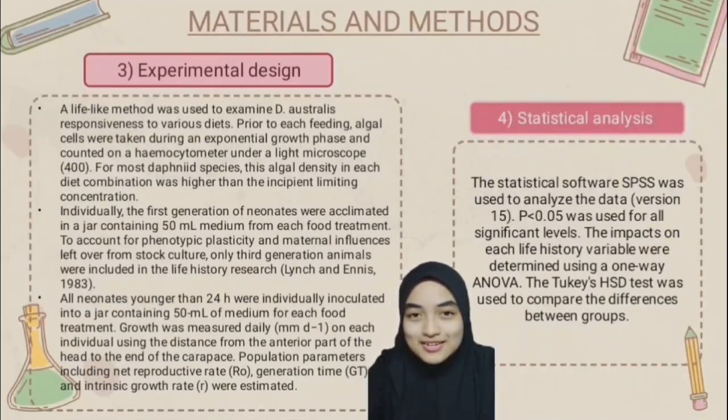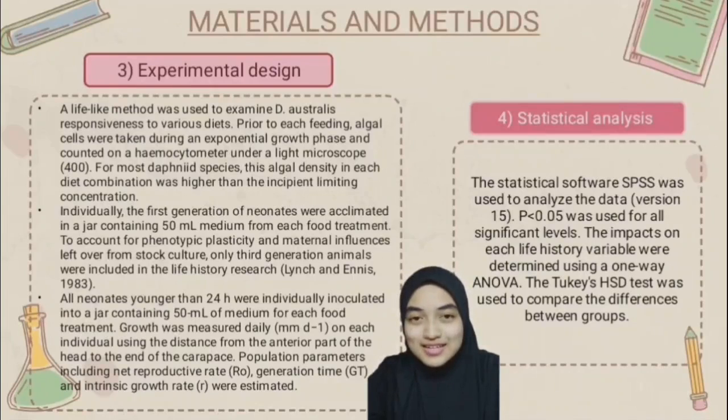All neonates younger than 24 hours were individually inoculated into a jar containing 50 ml of medium for each food treatment. Growth was measured daily on each individual by measuring the distance from the anterior part of the head to the end of the carapace. Population parameters including net reproductive rate, generation time, and intrinsic growth rate were estimated.